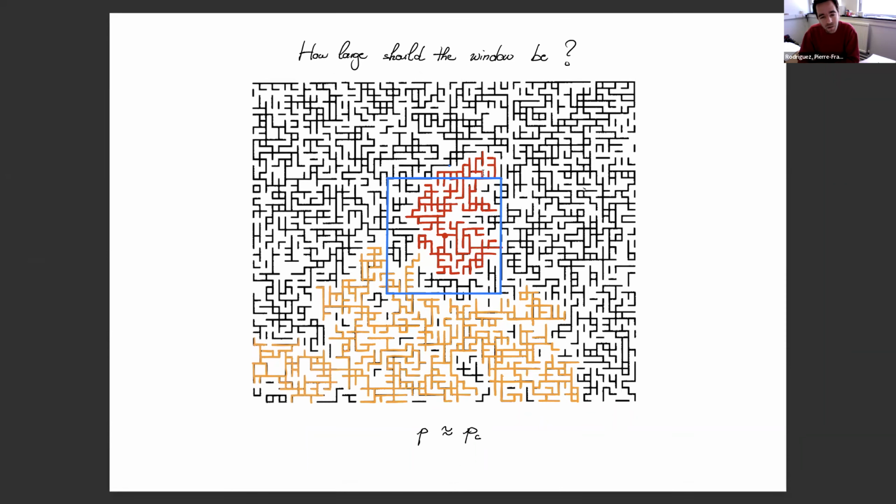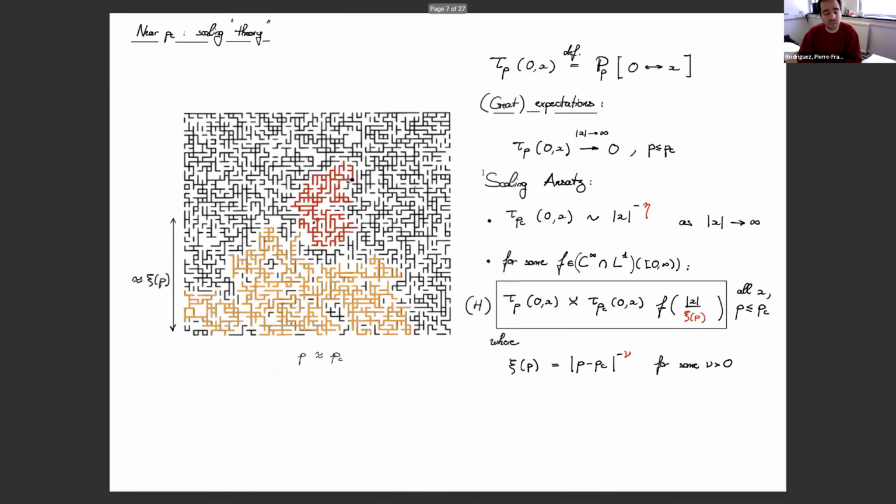Okay, so now what's the good way to think about this near critical regime? Here is how physicists like to think of it, at least intuitively, and this goes under the name of scaling theory. Let me focus on just one observable for the purpose of this talk, the simplest of all, which is just the probability that 2 points, 0 and x, are connected.